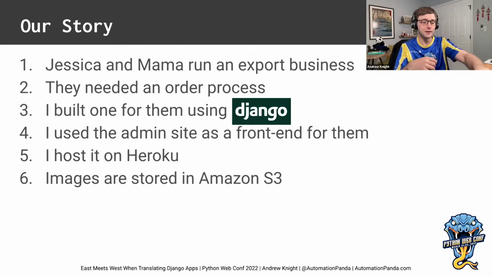So I basically used the admin forms. I didn't even really make a true front end. I just used the admin site features to build visuals that would help them create objects for their orders and their products, and then track that through status and workflows and stuff. I hosted this whole Django app for them on Heroku, a platform as a service.